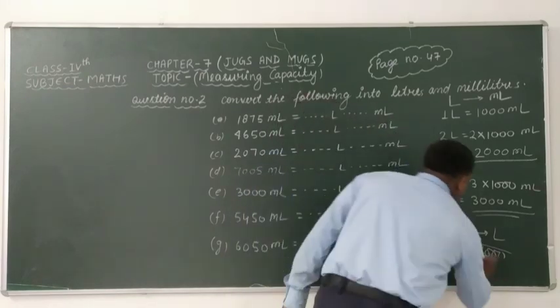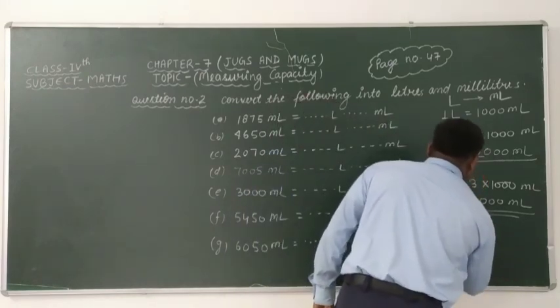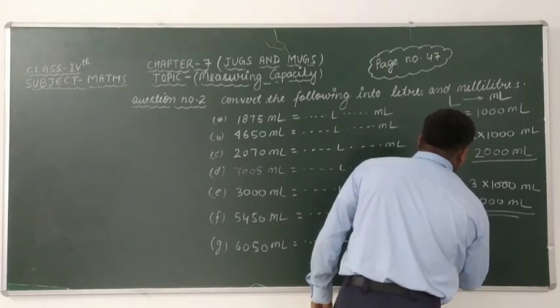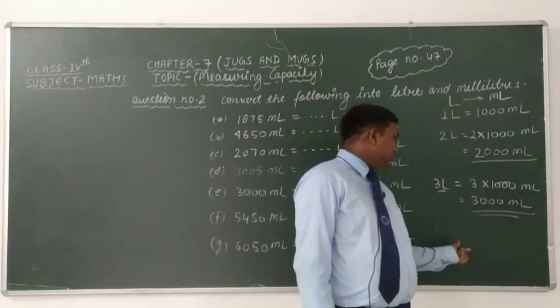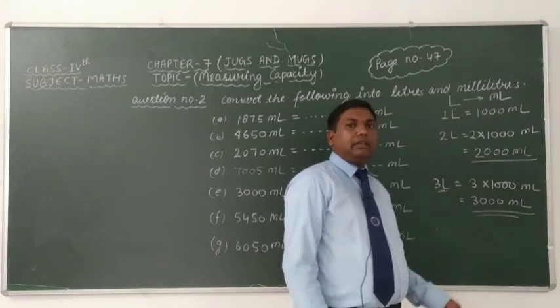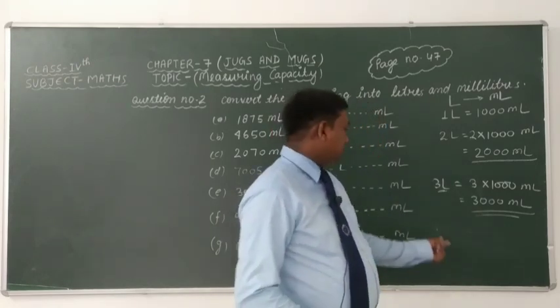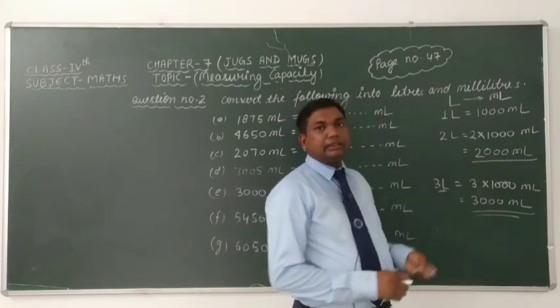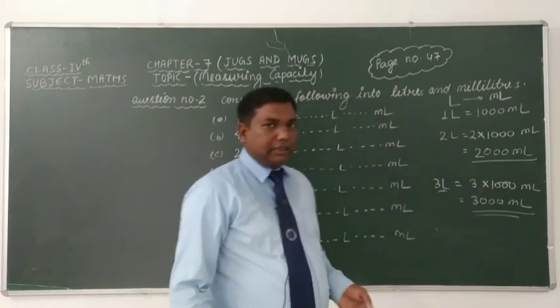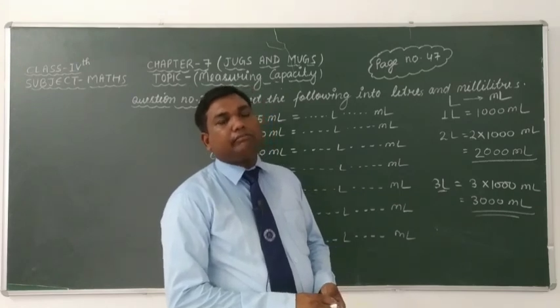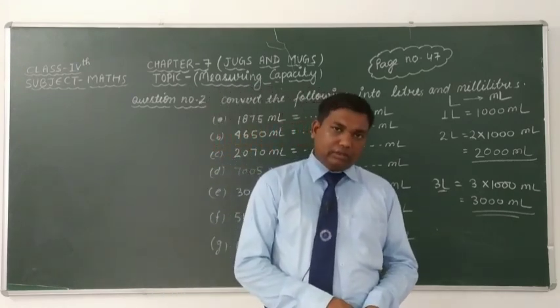It means that if we take the division by 1000 of the given number of milliliters, then we convert milliliter into liter.